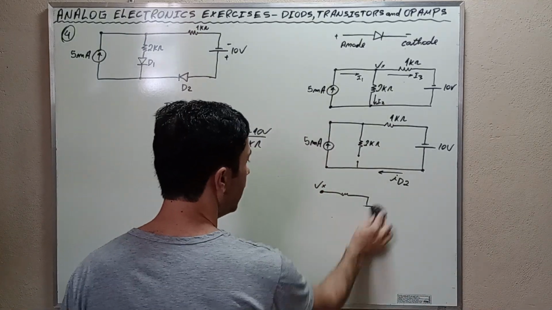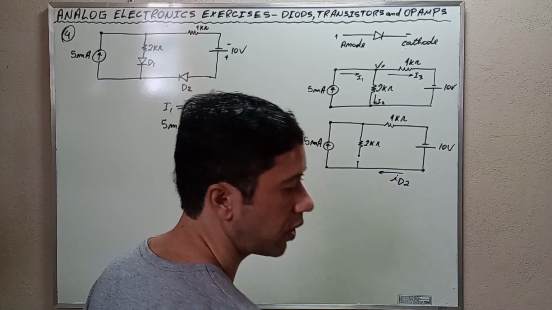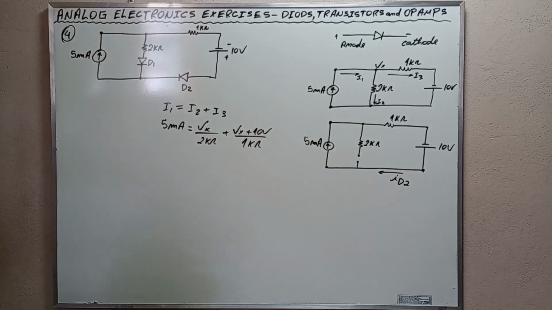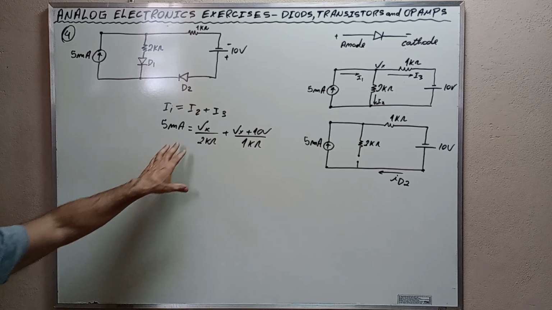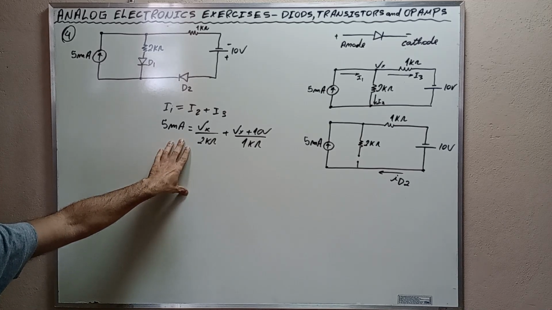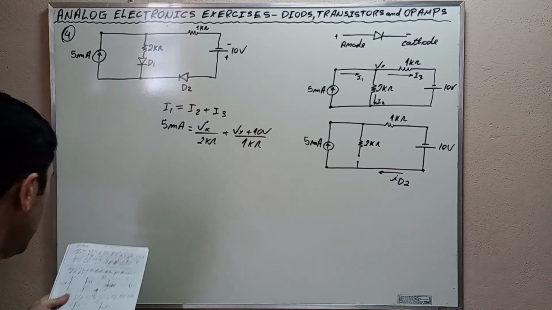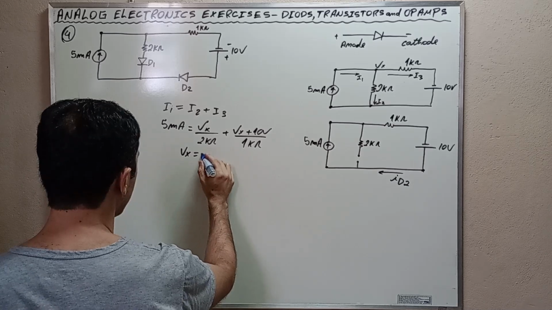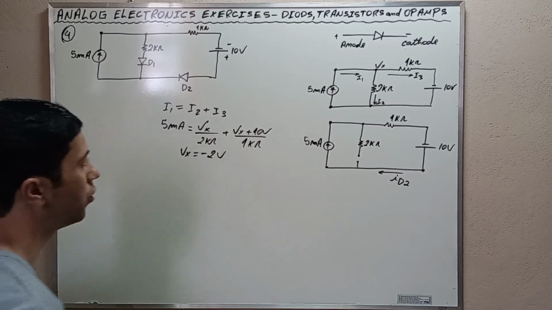Alright, my friends, this is the nodal rule that we are going to use to find the value of the currents. Okay? And in this case, we want the value of Vx. And if we work on this, it's simple mathematics, we find that Vx is equal to negative 2 volts, okay?